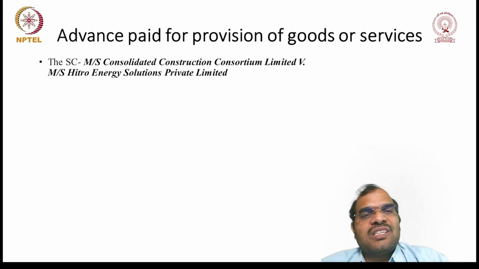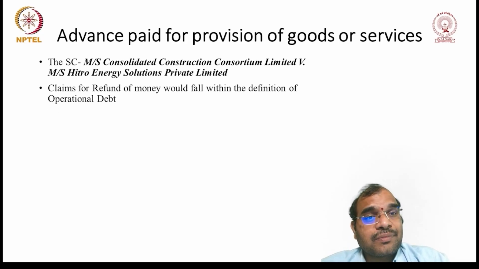Okay, so in the case of Consolidated Construction Consortium Limited versus Hetero Energy Solutions Private Limited, the Supreme Court in this case held that claims for refund of money would fall within the definition of operational debt. So whenever I am claiming the refund of money, it will fall within the definition of operational debt.